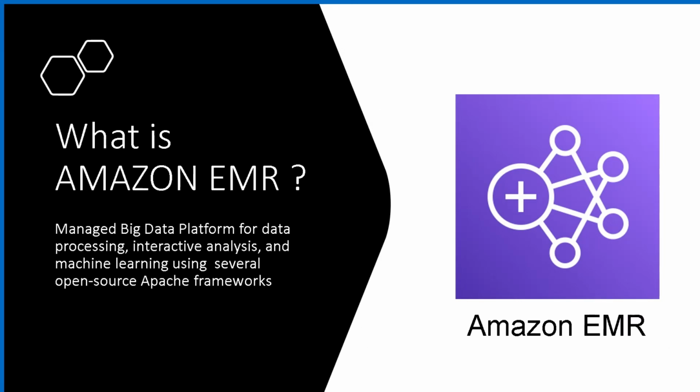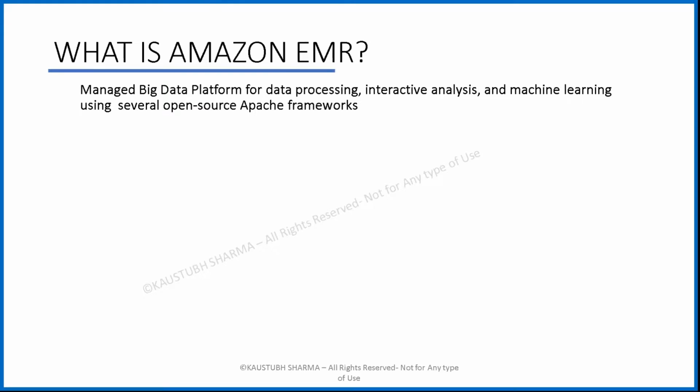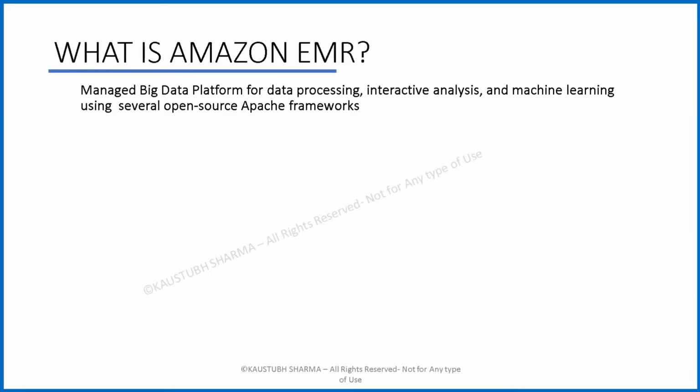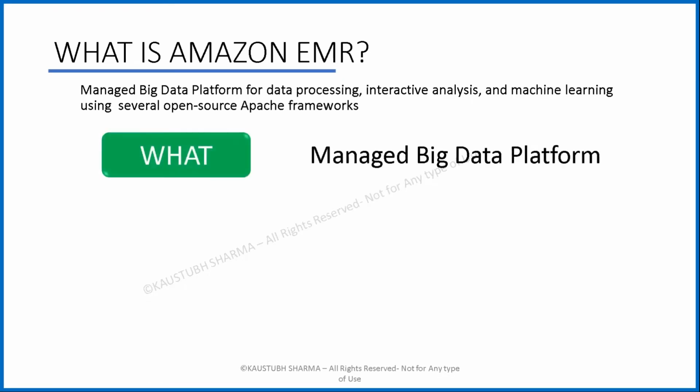So if you are asked what Amazon EMR is in one line, then your answer should be: it is a managed big data platform for data processing, interactive analysis and machine learning using several open source Apache frameworks. Let's understand this definition better by breaking it down into keywords. The first keyword is managed big data platform, which defines what Amazon EMR actually is.